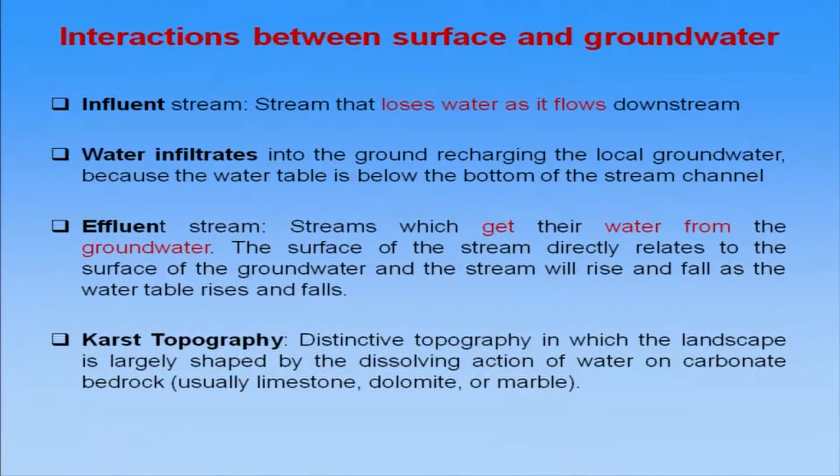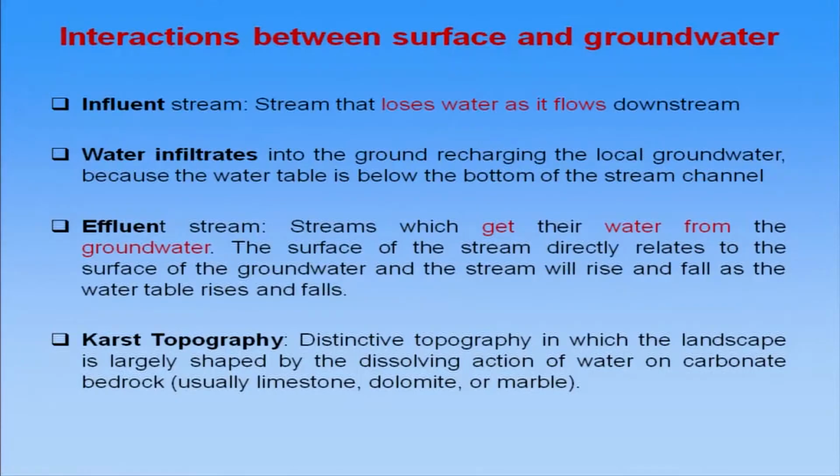Then comes the Karst topography. We will also discuss it and show some slides separately, but it is a distinct topography in which the landscape is largely shaped by dissolution activities of water on carbonate bedrock, usually limestone, dolomite or marble.